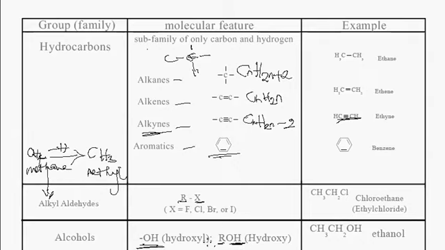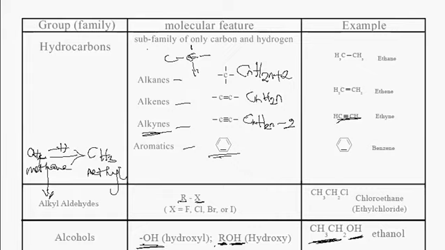This is how their molecular feature would look: an alkyl group attached to a hydroxyl group. A typical example of this is ethanol, which has an ethyl group attached to a hydroxyl group, making it ethanol, which is an alcohol.